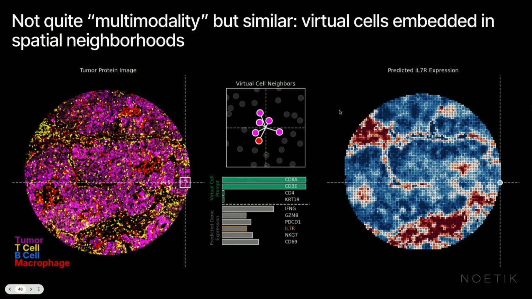And to close the loop in a second, I'll tell you about how you can do counterfactual simulations that will help you think about potential drugs. But for now, just appreciating that once you have this additional input stream to the model, you can pull out a lot of richness about what it's learned, about how spatial context affects what is happening at the single cell level.